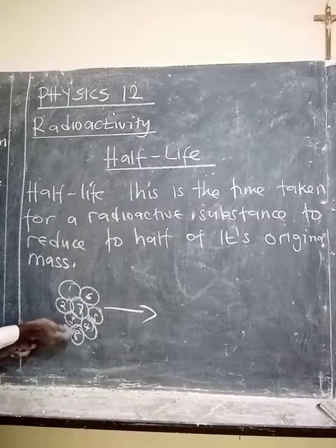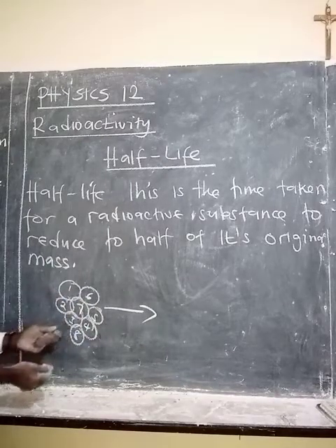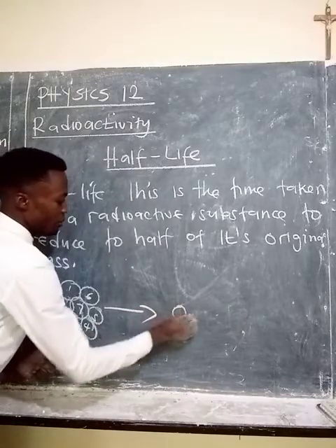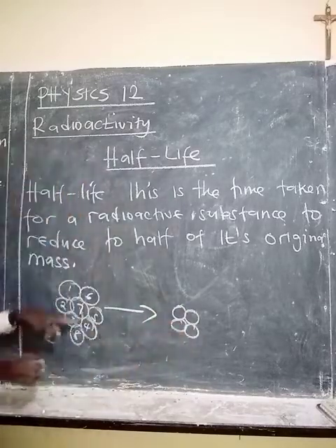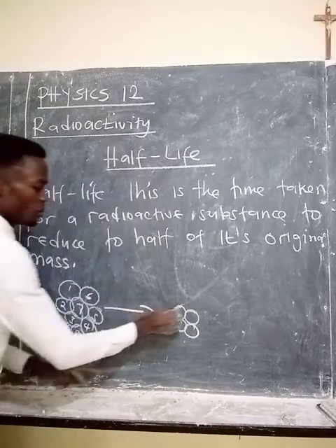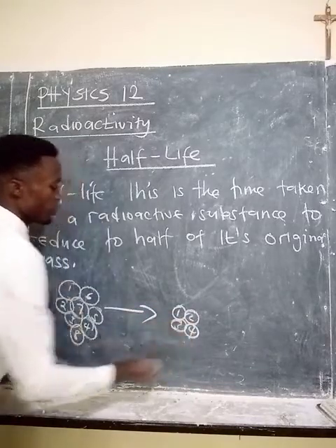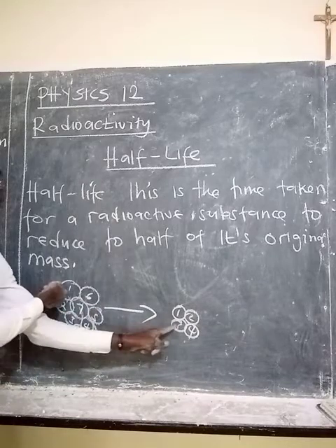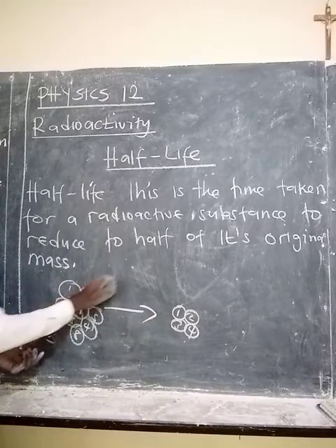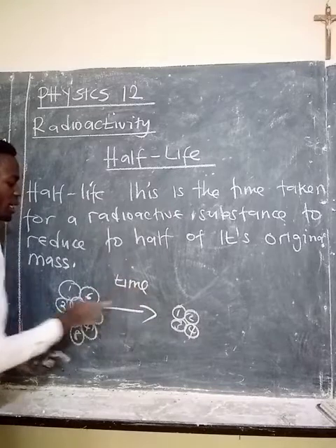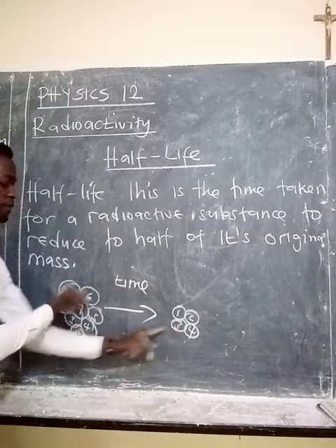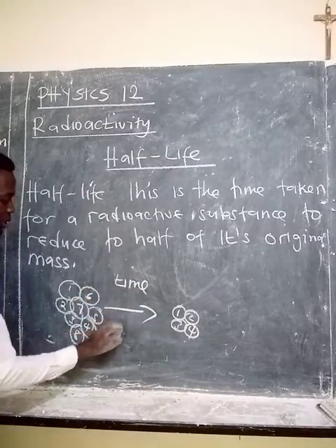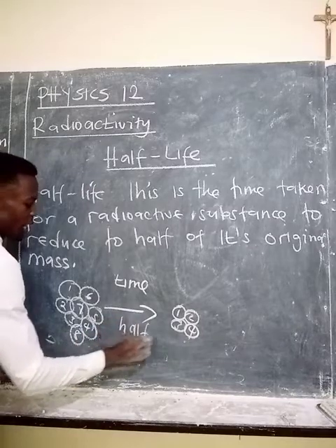So we have 8 atoms there. From 8 it goes to 4. 1, 2, 3, 4. The time taken for this to reduce to 4, that's what we call the half-life.